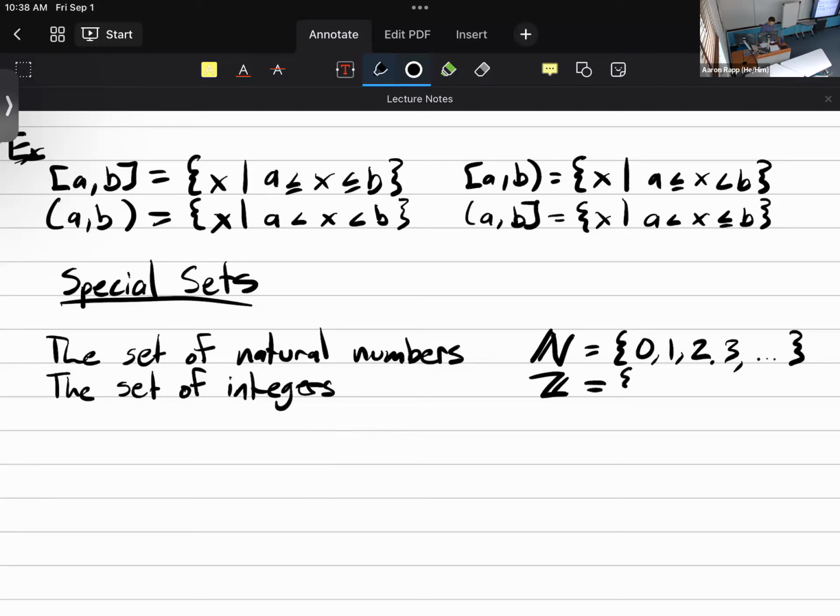There's probably some other historical perspective that I don't really know. But we just use the letter Z, with the extra little line. So that's, if I do it in roster method, -2, -1, 0, 1, 2, and so on.